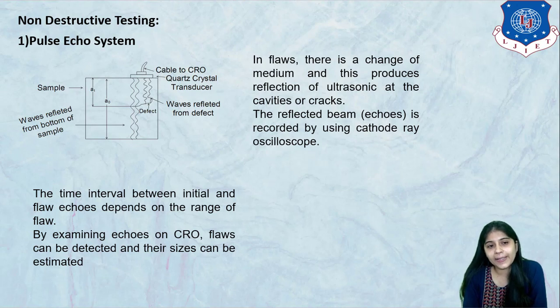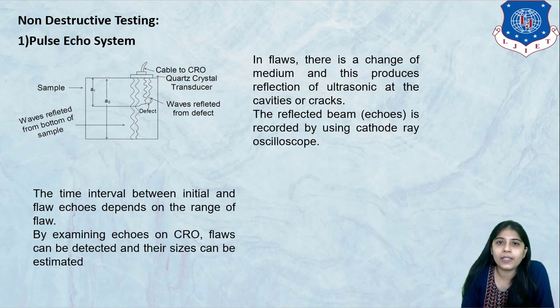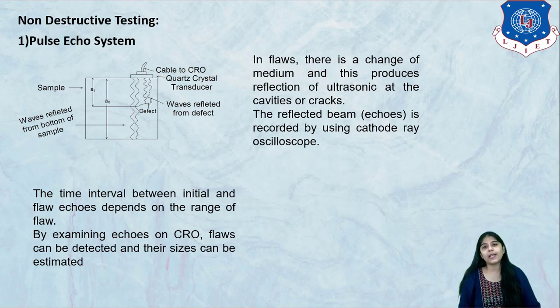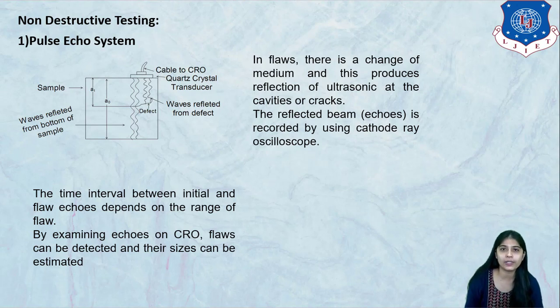If you are sending the ultrasonic wave where the defect is located, at region AT, the ultrasonic wave will be reflected back from that location only. If there is no defect, the ultrasonic wave will be reflected from the end of the sample. If there is a defect, it will be reflected back from the defect only.